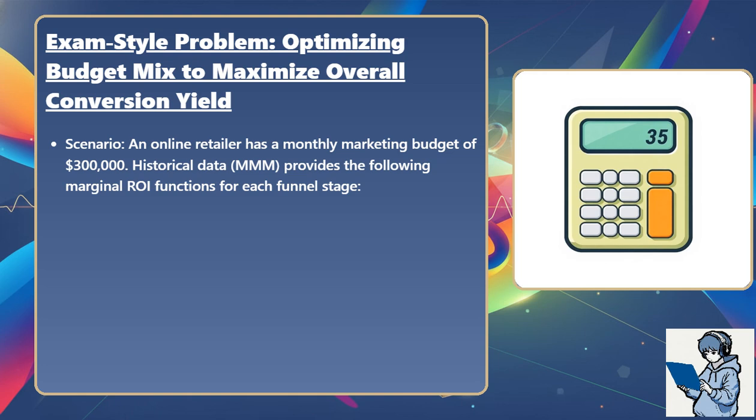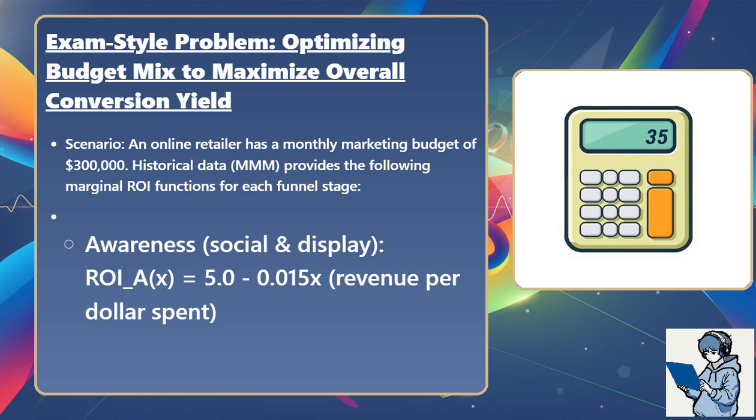Scenario: an online retailer has a monthly marketing budget of $300,000. Historical data, MMM, provides the following marginal ROI functions for each funnel stage. Awareness, social and display: ROI_A of X equals 5.0 minus 0.015X. Revenue per dollar spent.